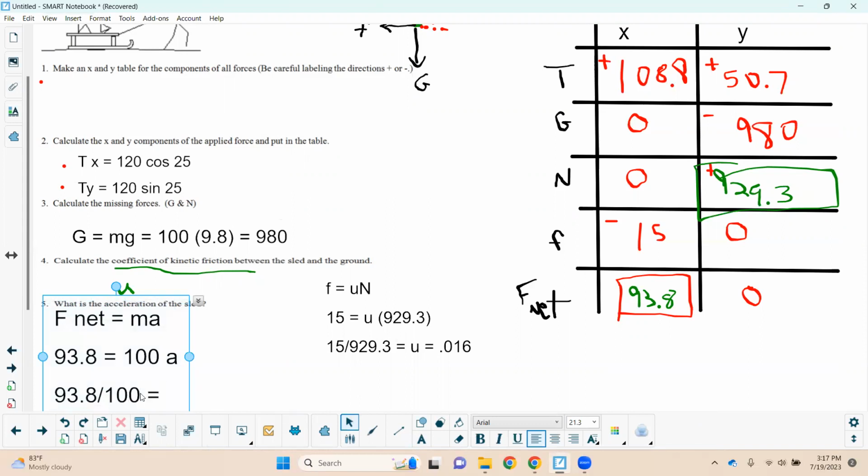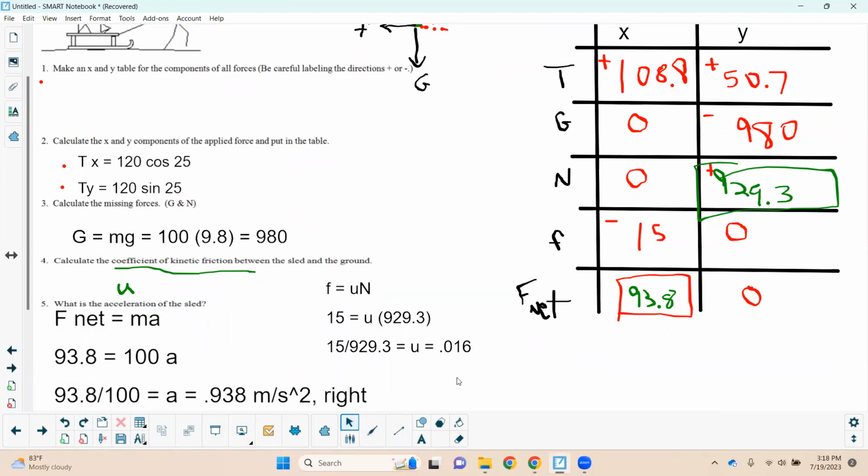I don't have to put it in the calculator, I can do it in my head. It's 0.938 meters per second squared. It's in the positive direction, so it's going right. Okay. So that's the answer to that one.